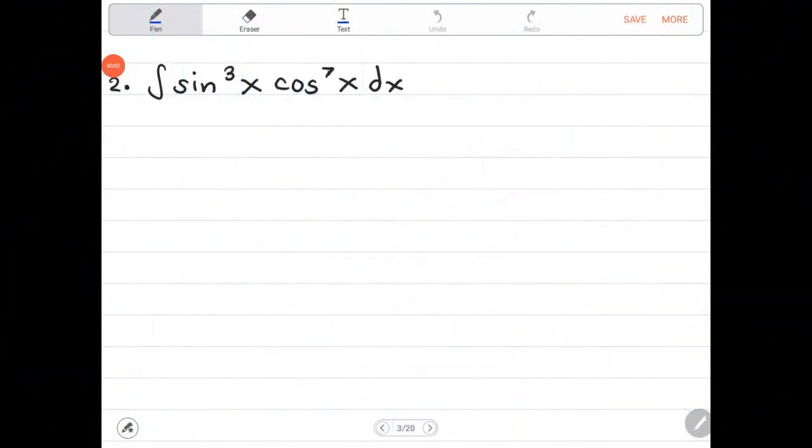Okay, next, number 2. So the integral of sine cube x cosine raised to 7x dx. So again, the technique is we are going to decompose. So the easiest way to decompose it is the sine. Okay? We are going to decompose the sine. We have the integral of sine squared x sine x cosine raised to 7x dx.